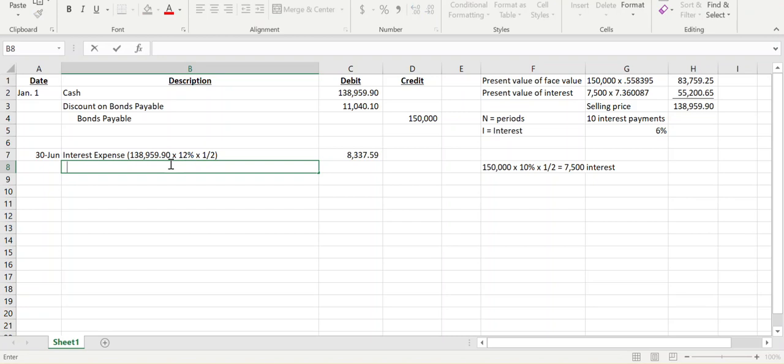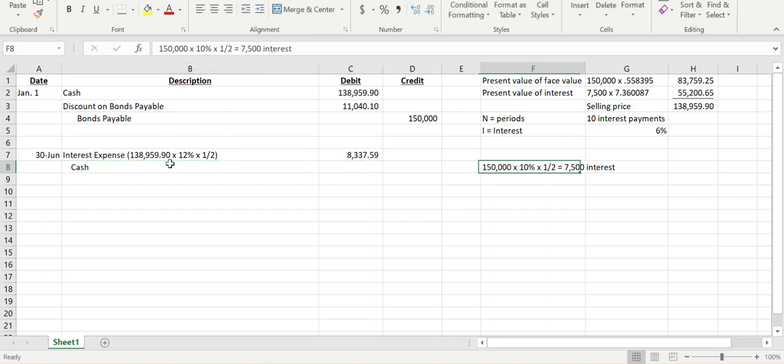So we have to record how much cash we actually have to pay to the bondholder, which we already know, which is right here. We are contractually obligated to pay them $7,500 every 6 months. That doesn't change. It's in the contract. It's what we call a bond indenture. It is stated in there that we have to pay them 10% interest annually, and that we're doing it on a semi-annual basis.